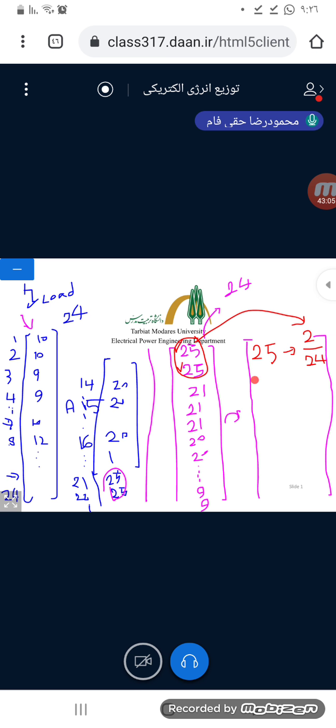Okay, please see here. It is important: 21 ampere and higher. Duration is 5 hours from 24 hours.